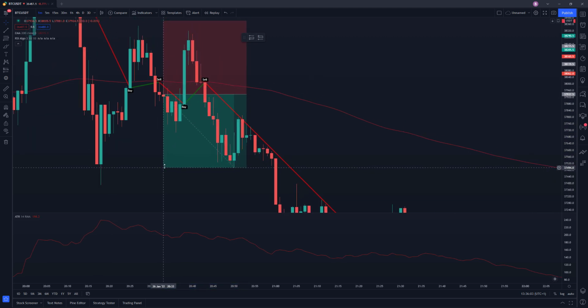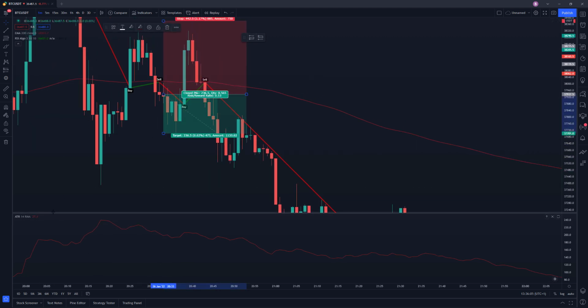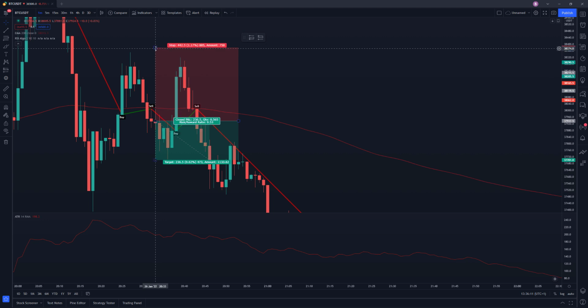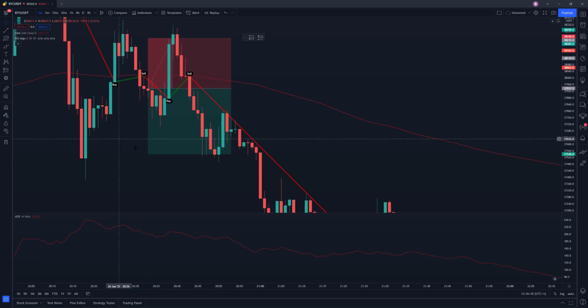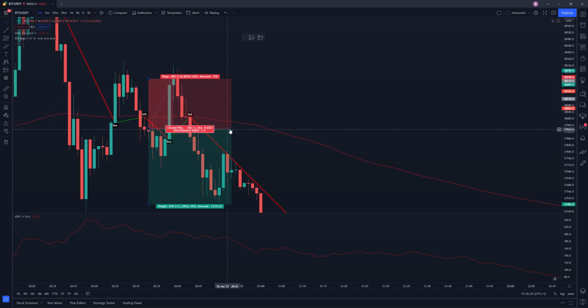This is going to be a big loss, by the way, but that's fine. The ATR is 200, so the stop loss is going to be 300. It's even close though, and the risk reward is going to be 1.5. So this time the ATR is wrong with the stop loss.